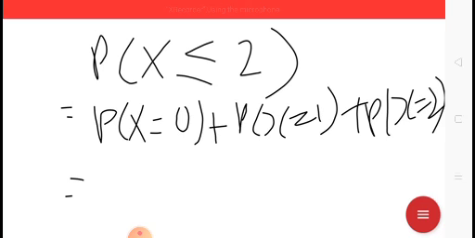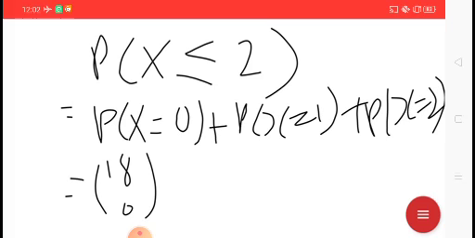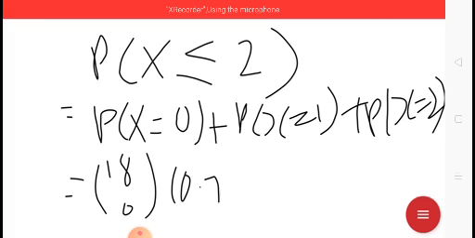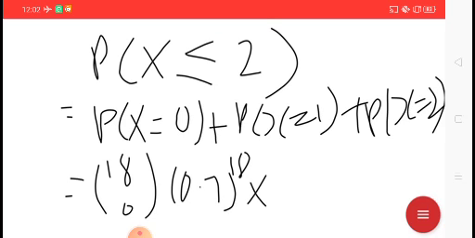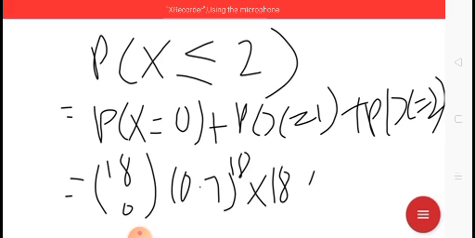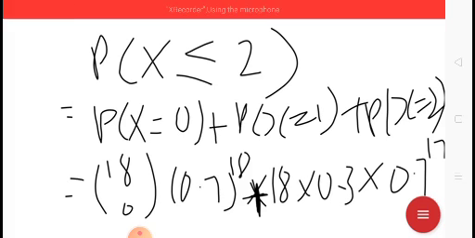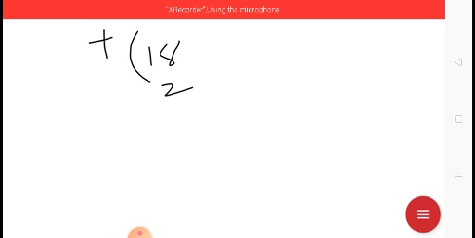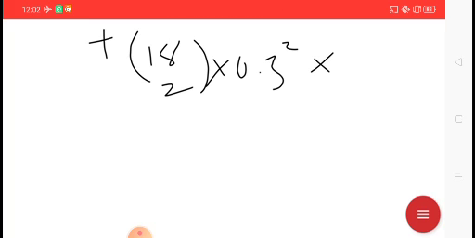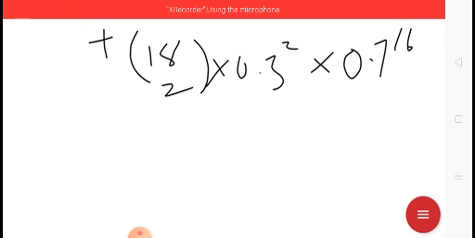You can expand this: 18C0 times 0.7^18, plus 18C1 times 0.3 times 0.7^17, plus 18C2 times 0.3^2 times 0.7^16. Adding all these together, you should get P(X ≤ 2) equal to 0.0599.